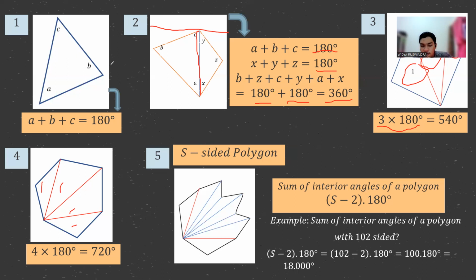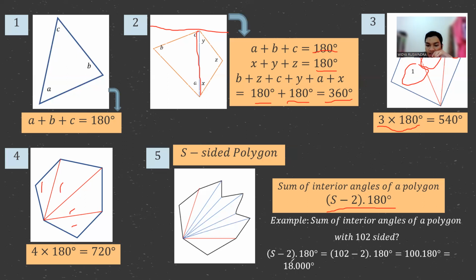So the function for the sum of the interior angles of a polygon will be S minus 2 times 180 degrees, where S is the number of sides of the polygon. For example, the sum of the interior angles of a polygon with 102 sides.